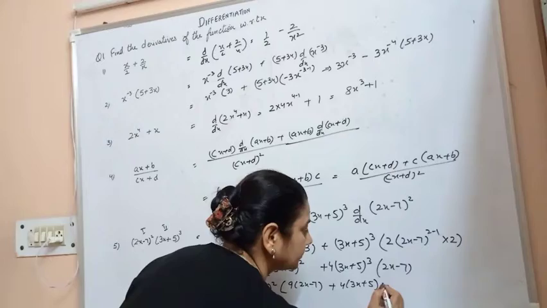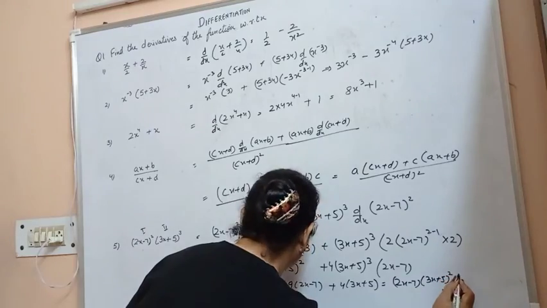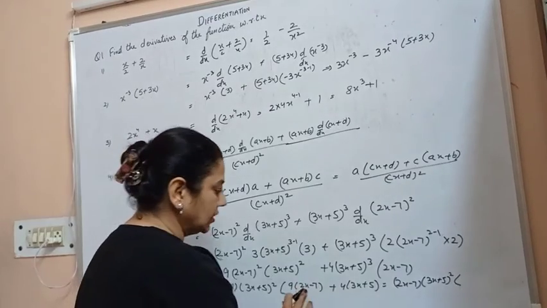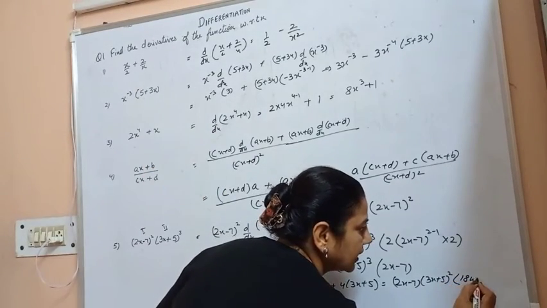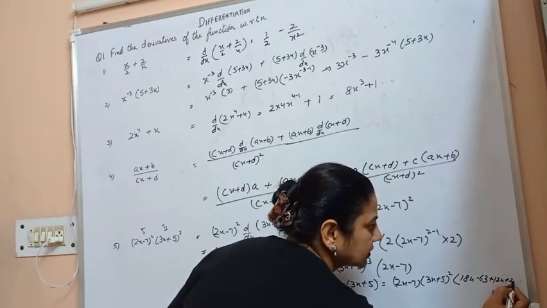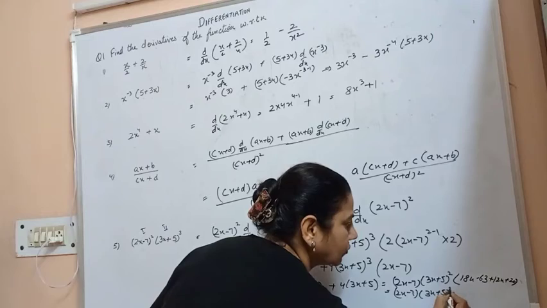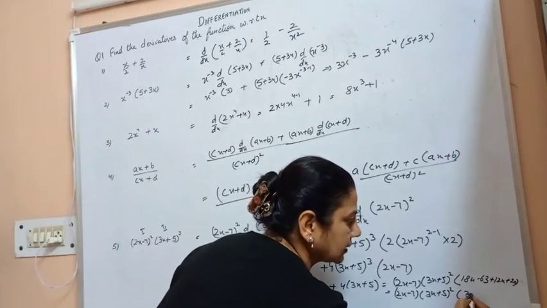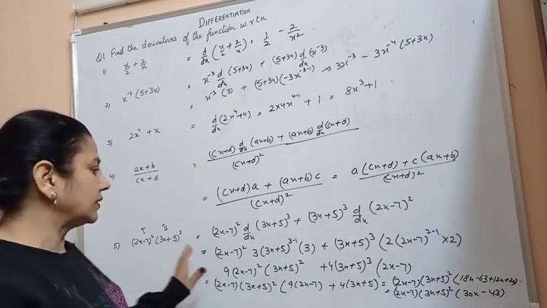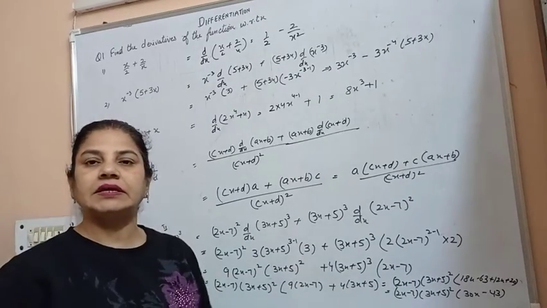Solve this bracket: 18x minus 63 plus 12x plus 20. So this is equal to 2x minus 7, 3x plus 5 whole square, 18x plus 12x is 30x, minus 63 plus 20 is minus 43. So the derivative of this given function is 2x minus 7, 3x plus 5 whole square and 30x minus 43.